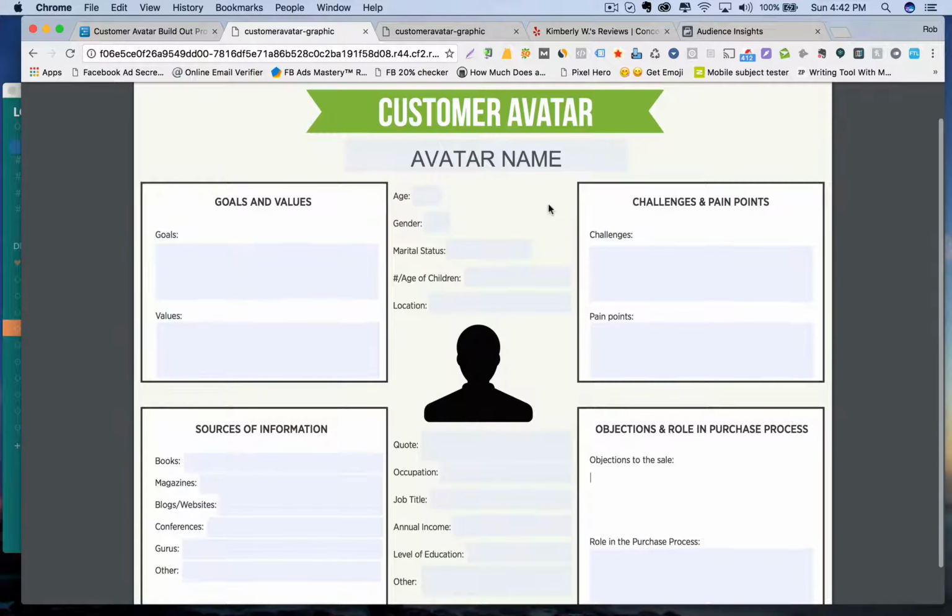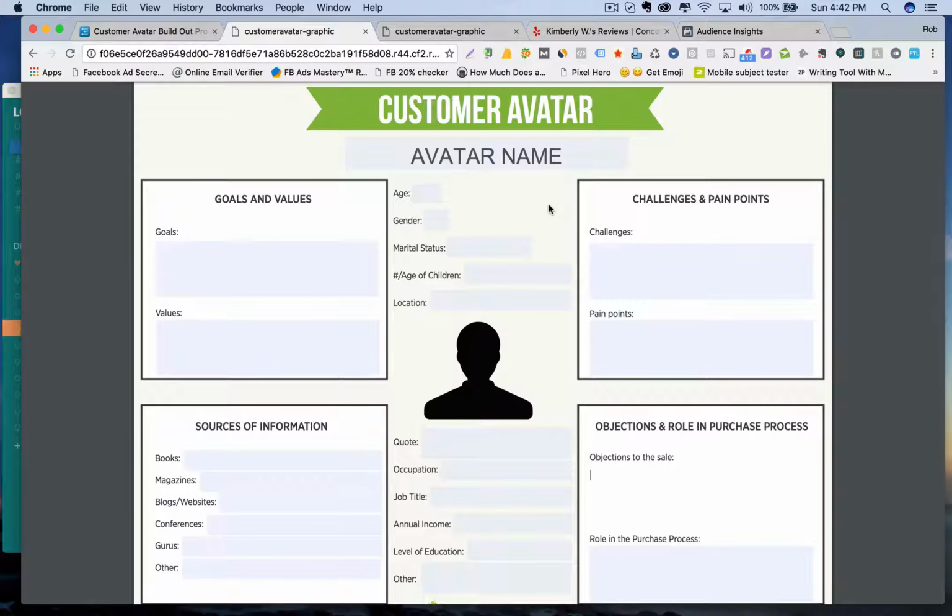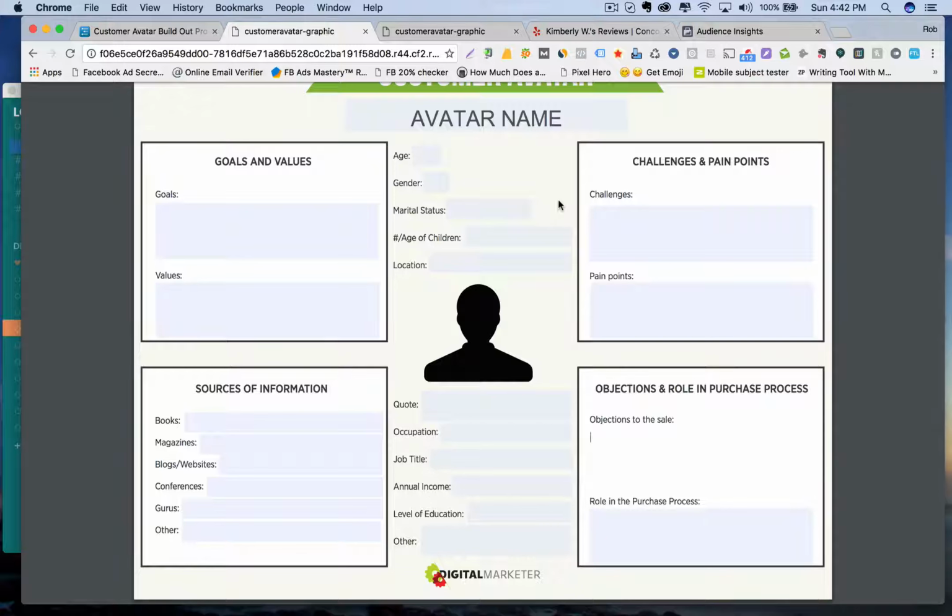Am I going to have time to do that with him? We're going to have to find time. So what can I do instead that's data based that I can fill in here that's also not assumptions? This is what I did.